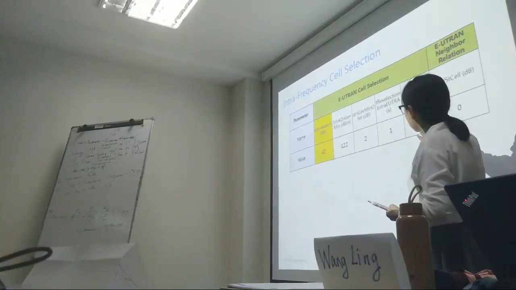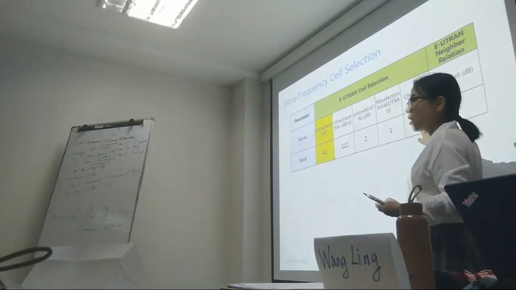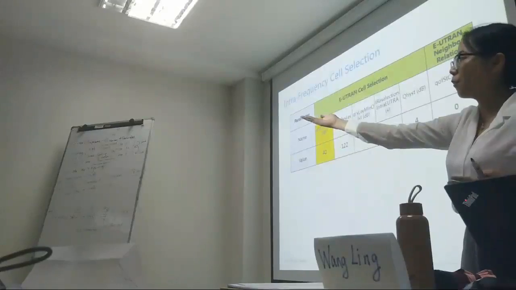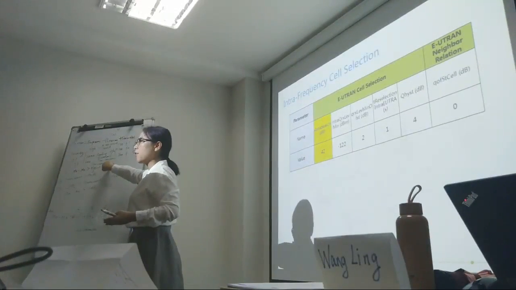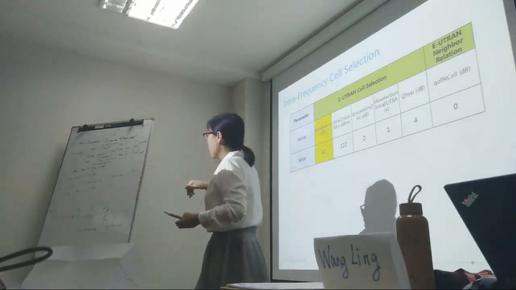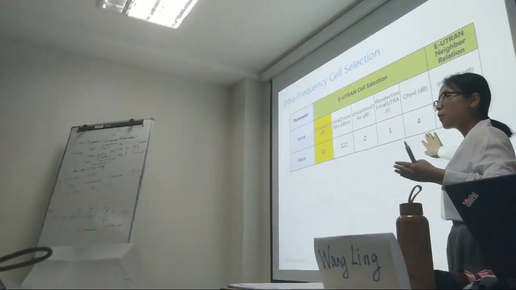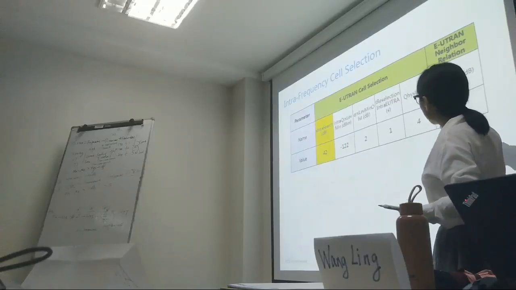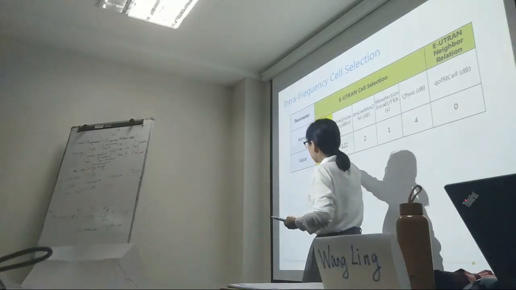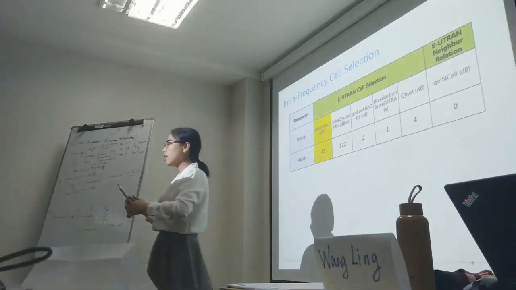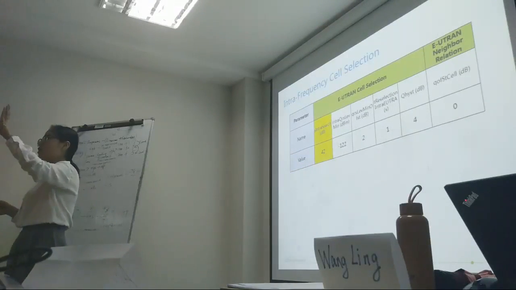And for this, hysteresis is for the different cells of the same frequency. For the same frequency, the strategy. Yes. So this is for same frequency, SIB 4, and SIB 3. The UE only needs to read SIB 3 and SIB 4.